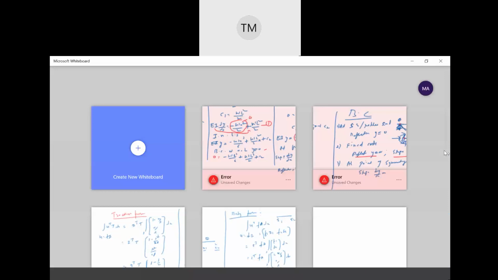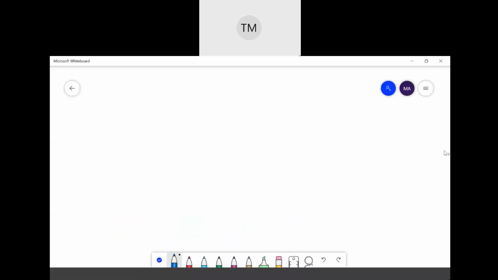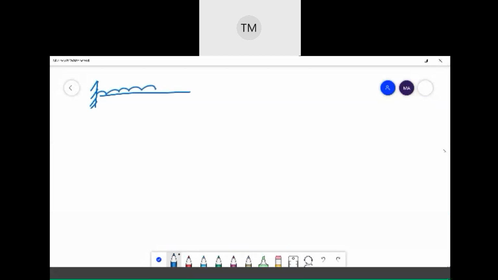That is, cantilever subjected to uniformly distributed load. I am considering a cantilever beam which has a uniformly distributed load. The length of this beam is L meters.